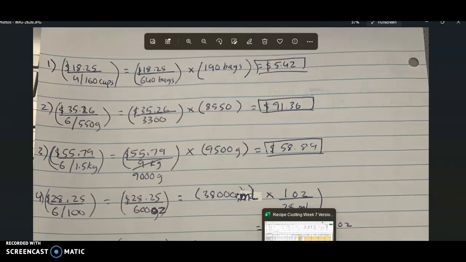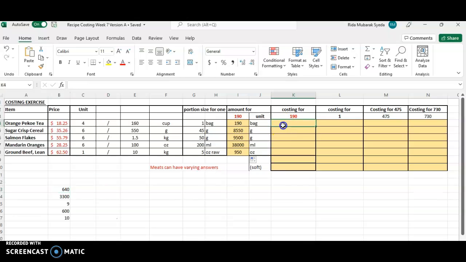Let's try that on our Excel and see if we get the same thing. So equal to, open brackets, this divided by 640, close brackets, multiply it by 190, close brackets, enter, and we get 540 as our answer. We'll do the same thing for the next one.